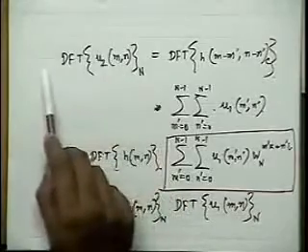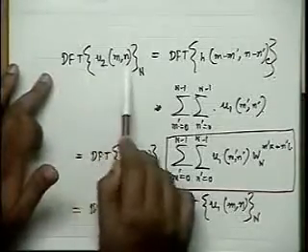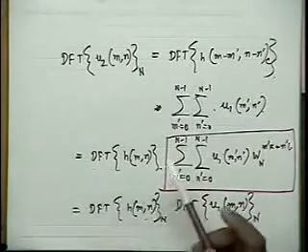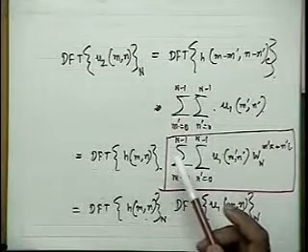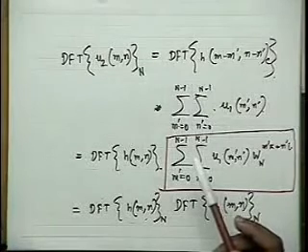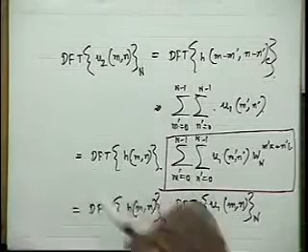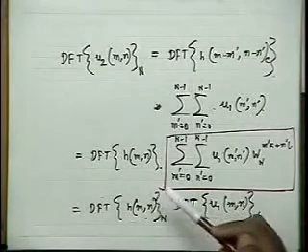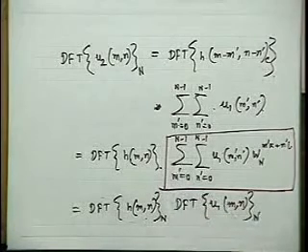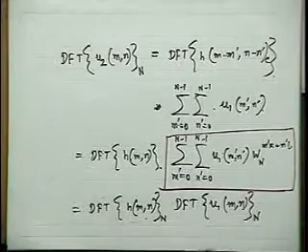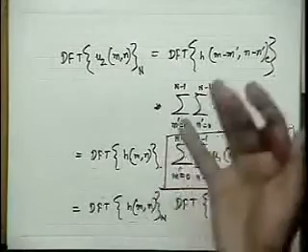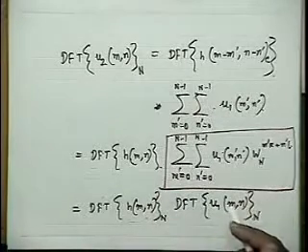If you take the inverse discrete Fourier transform of DFT u2(m,n) to the base N, you get the original sequence u2(m,n), which is the convolved sequence. You get the convolved sequence u2(m,n) by simply carrying out the inverse discrete Fourier transform, and even the inverse discrete Fourier transform can be computed using the fast Fourier transform algorithm, because inverse DFT simply means the multiplication factor W to the base N, instead of being mk plus nl, becomes minus mk minus nl in the case of the inverse DFT.